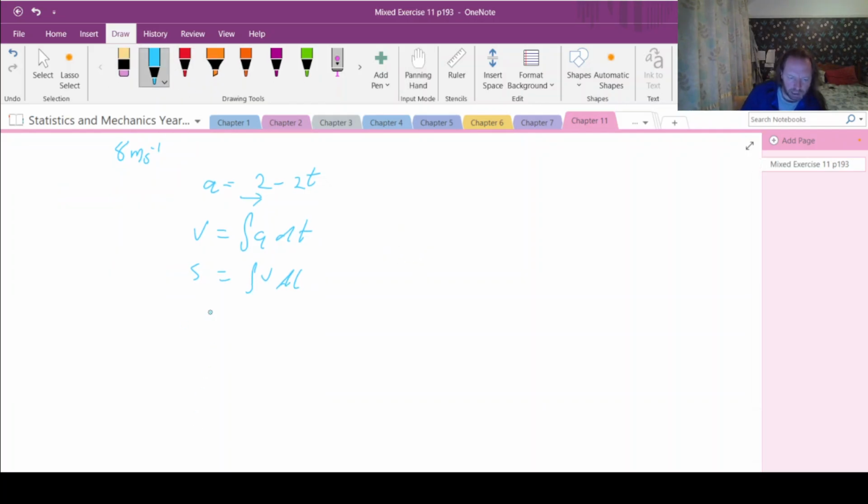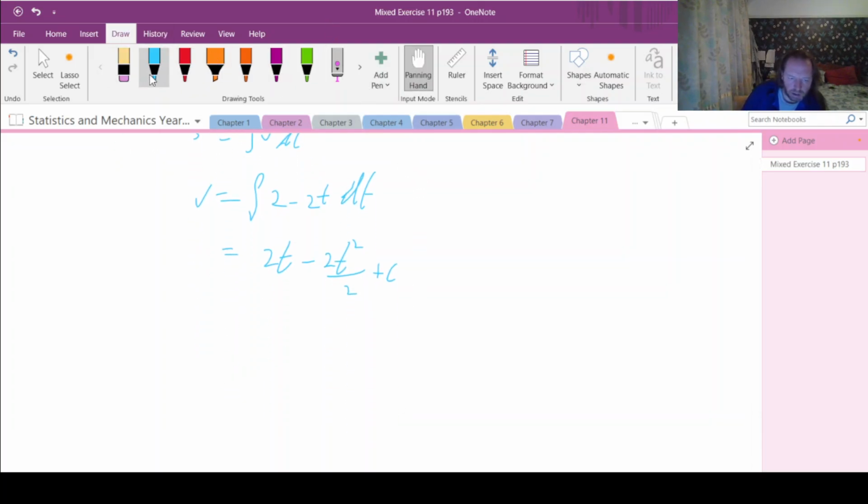So v is equal to the integral of 2 minus 2t dt, which equals 2t minus 2t squared over 2 plus c, and so v is equal to 2t minus t squared plus c.